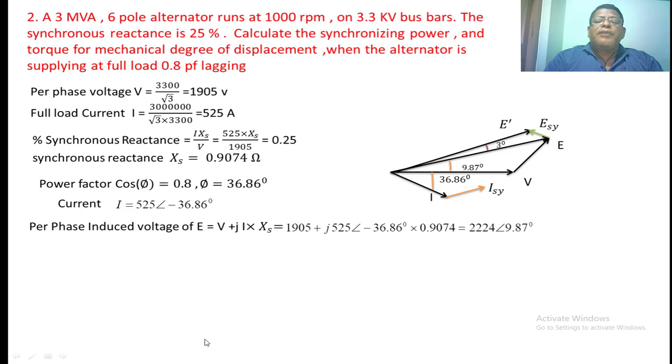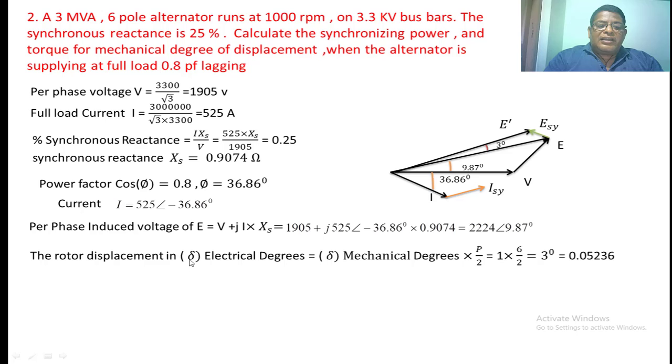The synchronizing power will exist in an alternator only if there is a disturbance in the induced voltage. Here in the numerical it is given the torque for one mechanical degree of displacement. The rotor displacement delta in electrical degrees equal to delta in mechanical degrees into P by 2.